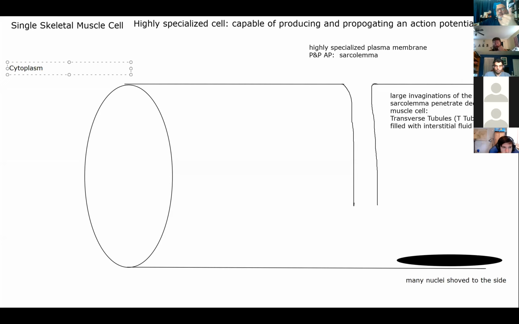Right? We have plasma membrane, nuclei, cytoplasm. Those were the three components of a muscle cell or of any cell. And sure enough, the cytoplasm of our muscle cell is going to be specialized. So we give it a special name, and that special name is the sarcoplasm.